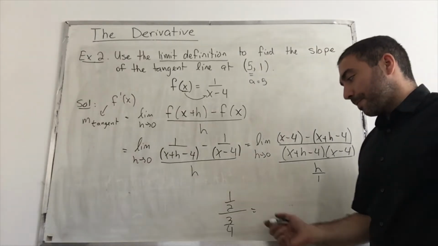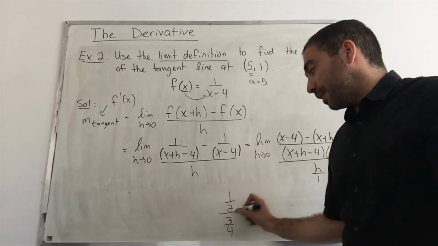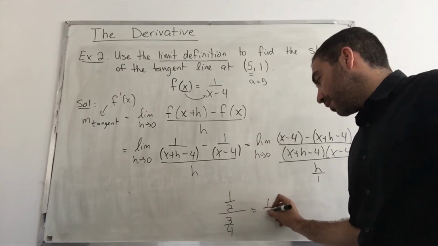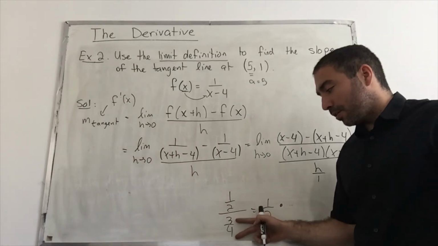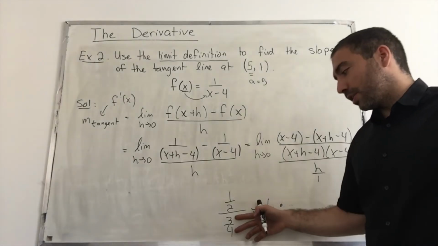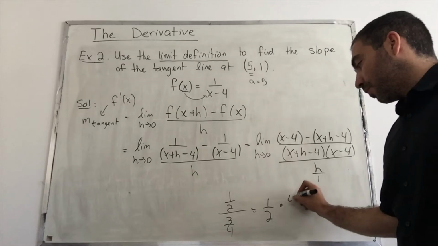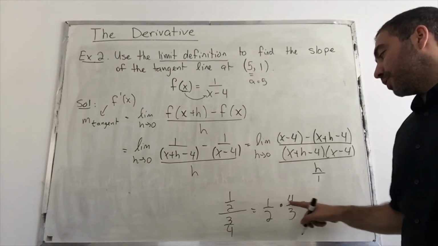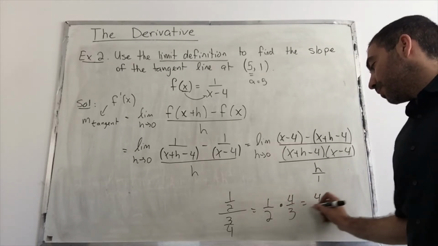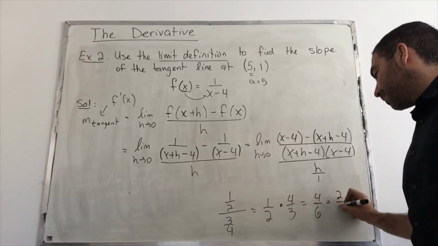That's the fancy term. At the end of the day, what that means is that you keep the first fraction, the 1/2 stays, your division turns into a multiplication, and you flip the second fraction. So instead of 3 over 4, it becomes 4 over 3. Okay. And now to multiply, we know how to multiply. 1 times 4 is 4, 2 times 3 is 6, and you can reduce.